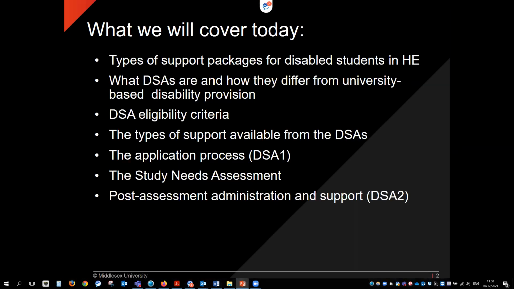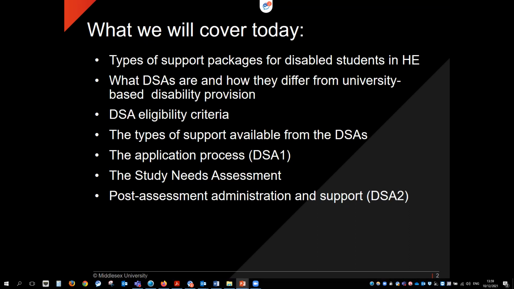What we are going to cover is the types of support packages that are available for disabled students in higher education, what the Disabled Student Allowances are and how they differ from university-based disability provision, the eligibility criteria for the DSAs, the types of support available through the Disabled Student Allowances, and of course the application process, what the study needs assessment involves, and the post-administration and support processes.